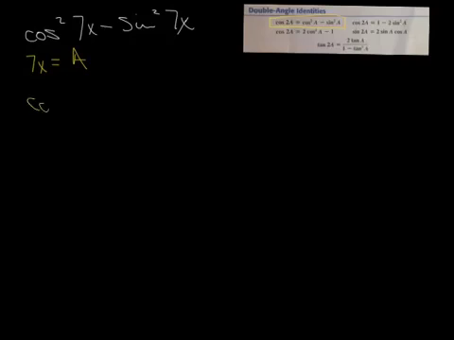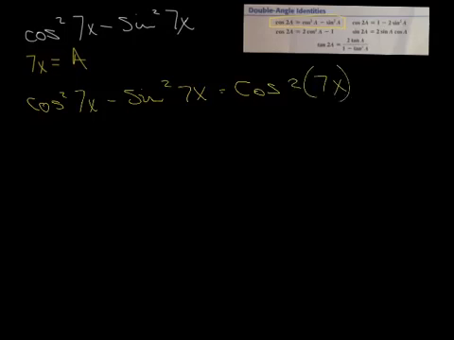So cosine squared of A, which in this case is 7x, that's our A, minus sine squared 7x, that's our A, equals cosine of 2 times our angle, which we said was 7x.